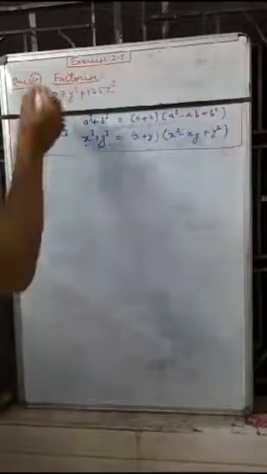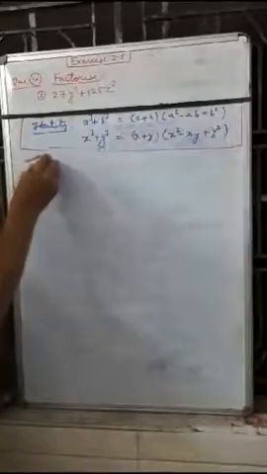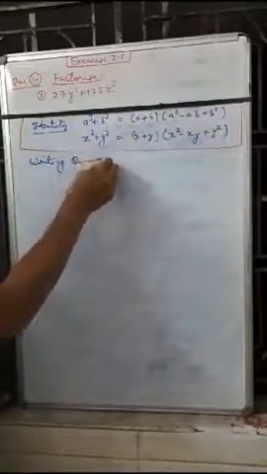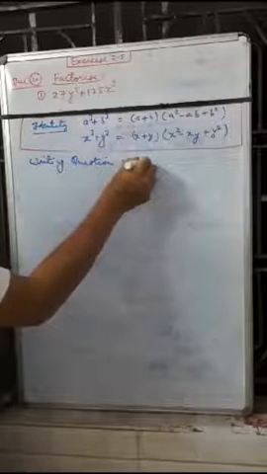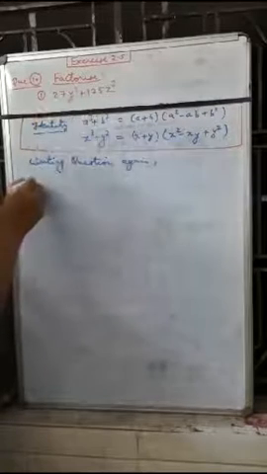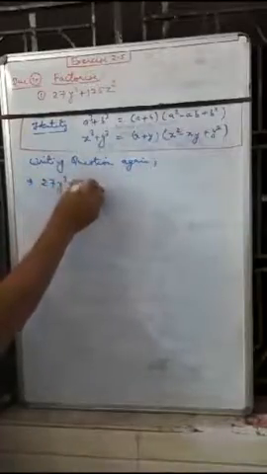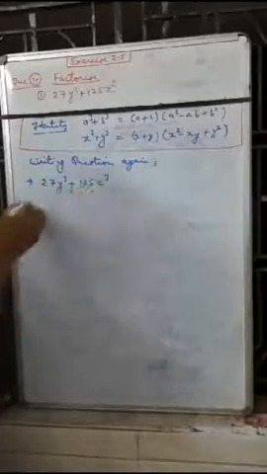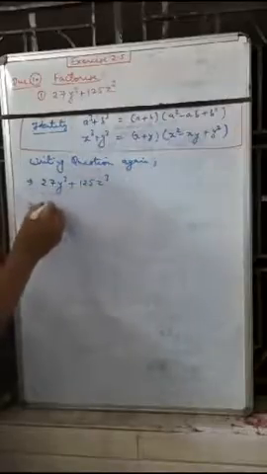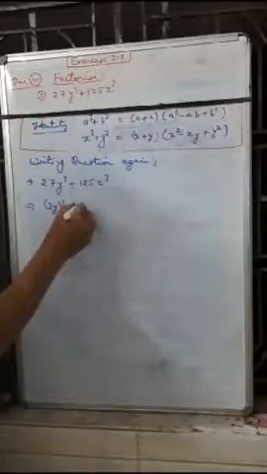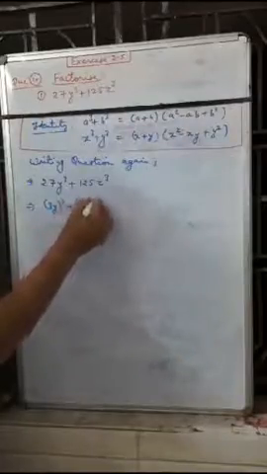So how to solve? We will write the question again: 27y cube plus 125z cube. So can we write it like this? (3y) whole cube plus (5z) whole cube.